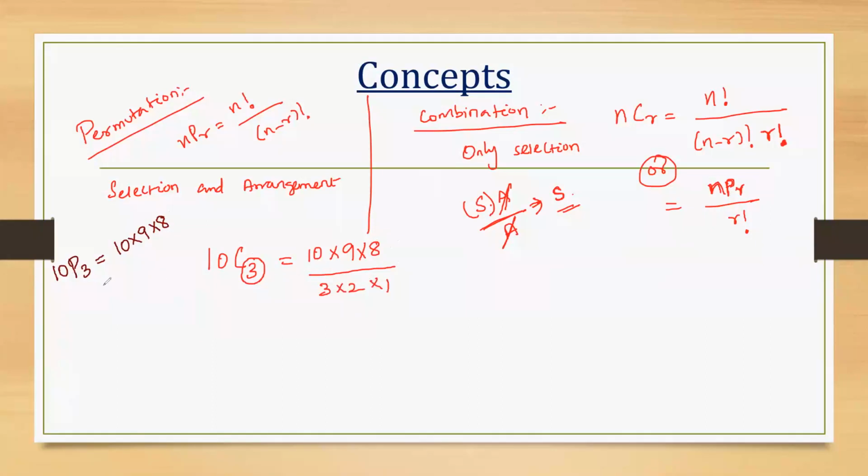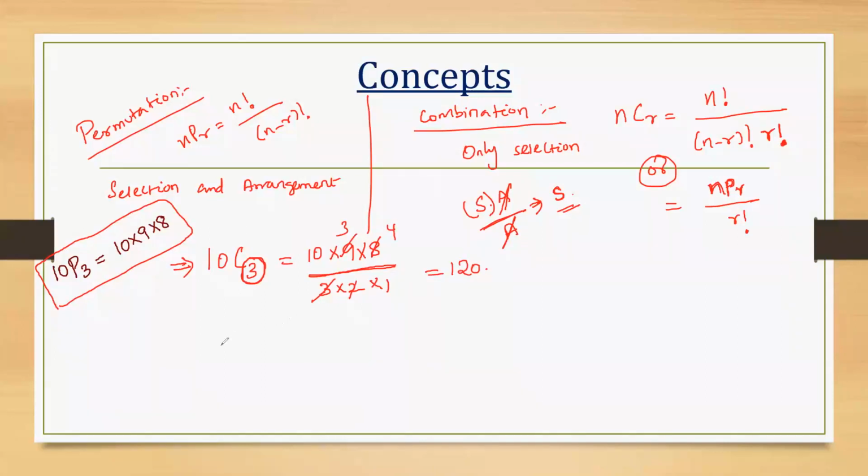In permutation we have both selection and arrangement, so the number of ways will be more. In combination we have only selection, so we have to divide by the arrangements. We have three terms, so dividing by the arrangements, you will get 120. So clear?